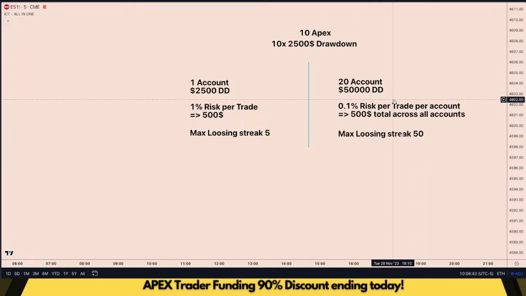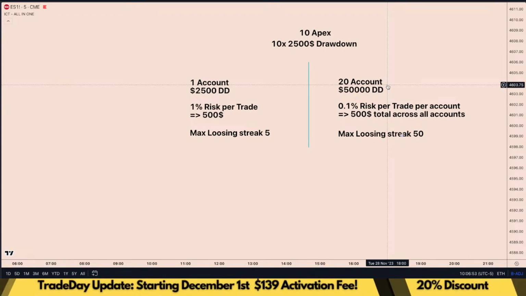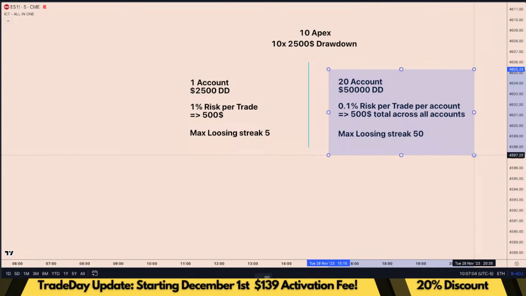If you're trading all these 20 accounts in a row, if you enter with 10 minis YOLO, hoping you get a payout quick, well, then I guess you're destined for failure and you can't really cry about it. But if you stick to rules and you really take this seriously as your trading business, then I think that's the end goal.